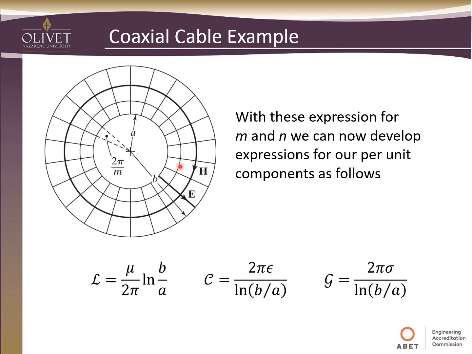That's this dielectric in here, so the permittivity, and then it's natural log of b over a, and likewise the conductivity. This conductivity is a physical property of whatever material is in here, b over a. So here we can see that we can vary all 3 of these by varying the a and the b values, which in a sense just makes the thickness of this dielectric in between here larger or smaller.